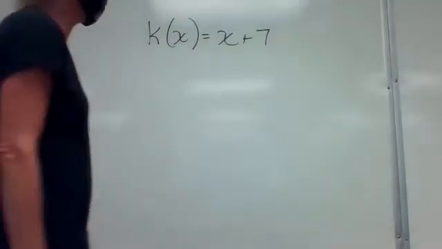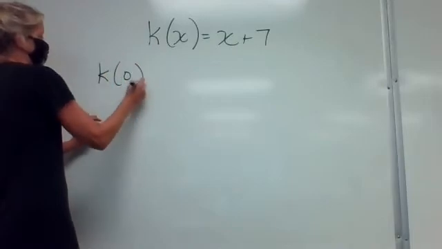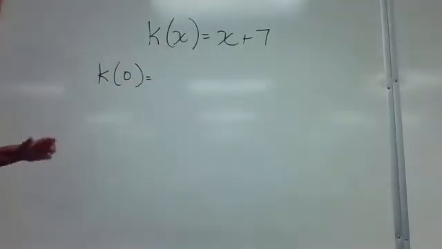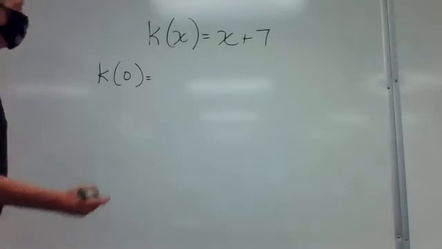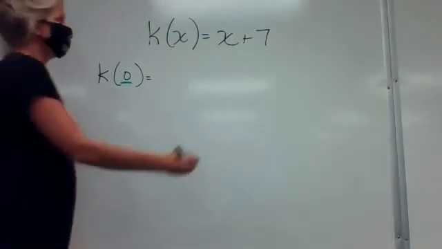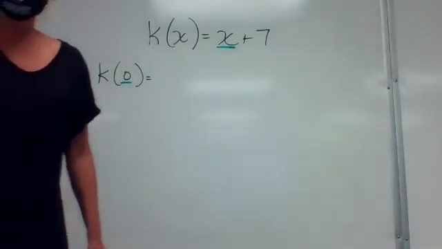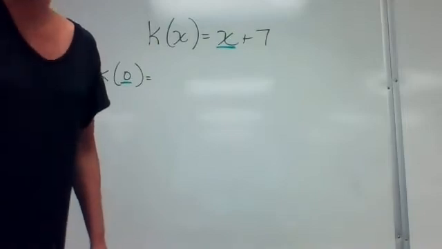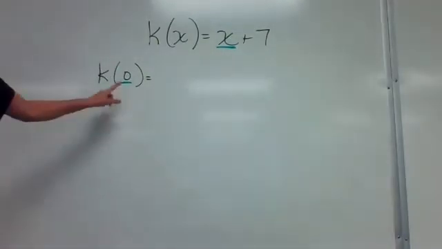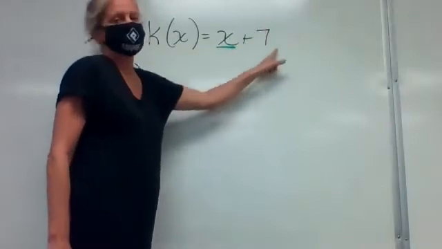The first thing it's going to ask me to find is what is K of 0. Here's the trick. Whatever is inside those parentheses, you put in that X and do the math. So it's saying, what would 0 do to this function right here?